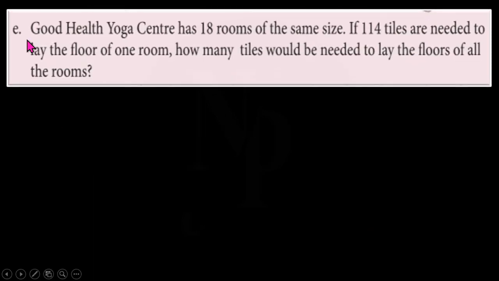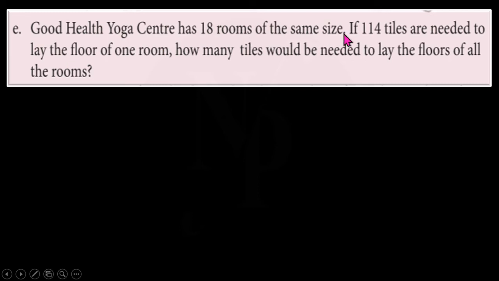Next question. E. Good Health Yoga Center has 18 rooms of the same size. If 114 tiles are needed to lay the floor of one room, how many tiles would be needed to lay the floors of all the rooms? So there is a yoga center called Good Health Yoga Center, and there are 18 rooms of the same size.